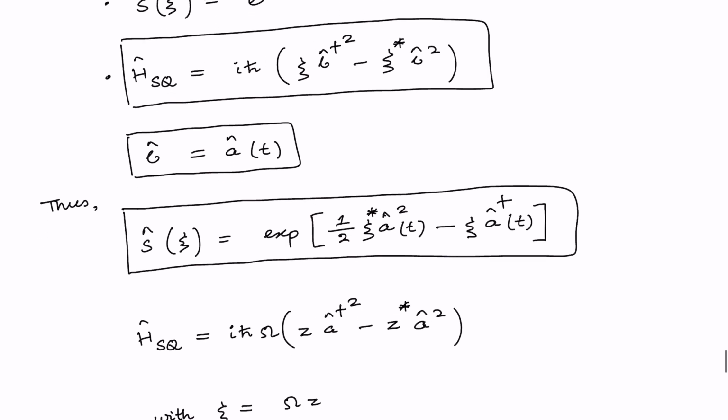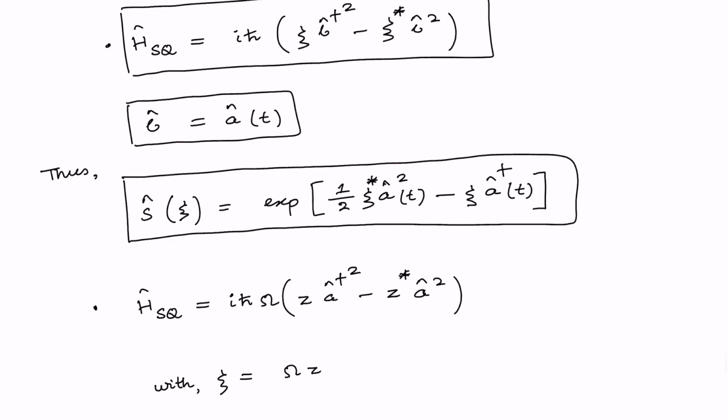On the other hand, the squeezing Hamiltonian, which should be clearer to you in the problem solving session that we are going to discuss in the next class, can also be written in this particular form. Why this form is useful: ħω gives the energy of the harmonic oscillator, and here z is a free parameter, and xi is taken to be ωz.